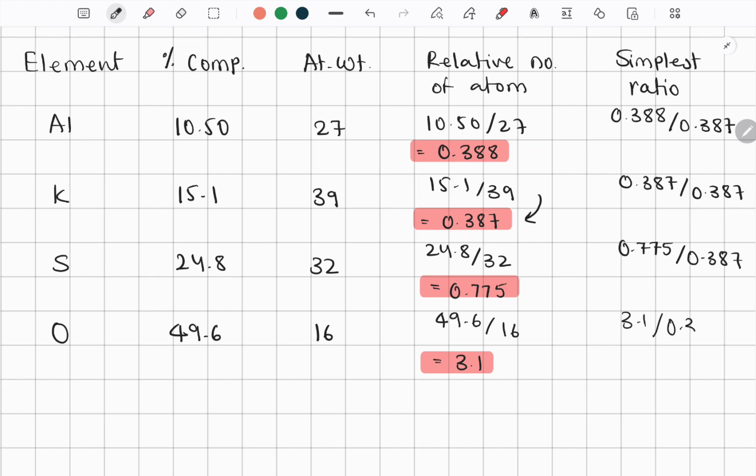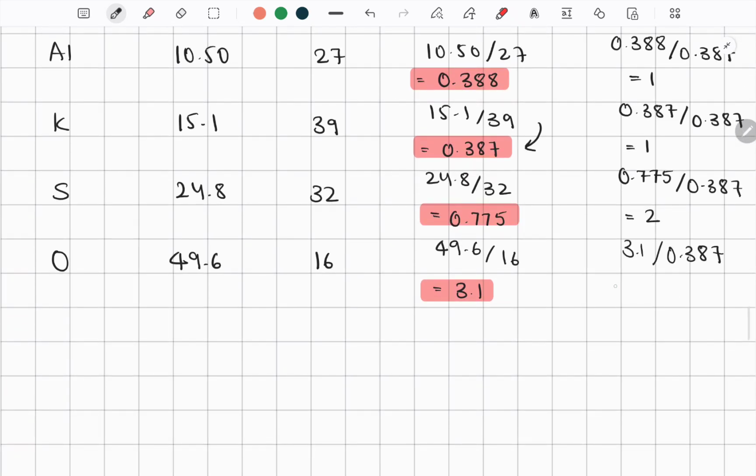When you divide 0.388 by 0.387, you get 1. 0.387 by 0.387 is also 1. When you divide 0.775 by 0.387, you get 2. And when you divide 3.1 by 0.387, you get 8.